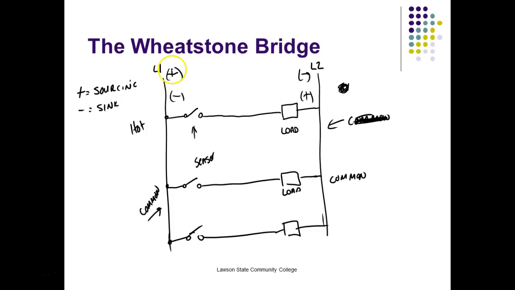So if I make this positive and this negative, then my sensors are going to be what? My sensors are going to be sinking, right? If I make this positive, then my sensors are going to be sourcing.